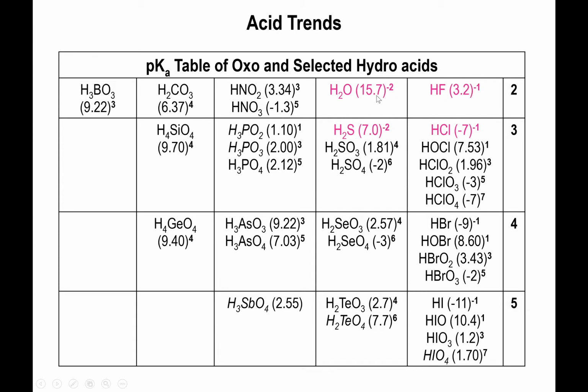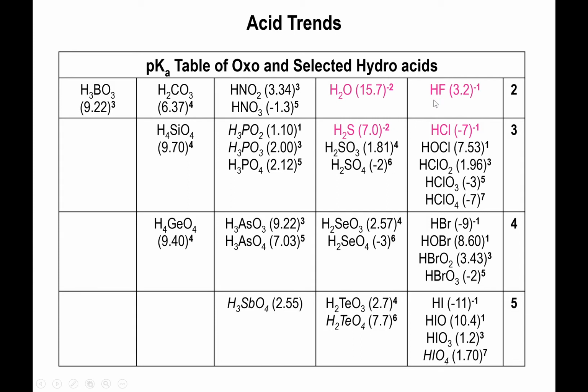So what you see in terms of the pKa is that going from left to right, the pKa tends to decrease. And the reason it's decreasing is because the central element has an increase in electronegativity. So you increase the electronegativity of the central element, automatically you make it easier for the H plus to come off because the electrons are much more likely to interact with the central element than with the hydrogen.